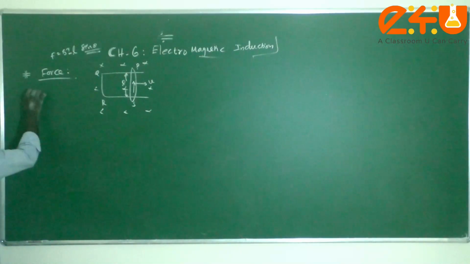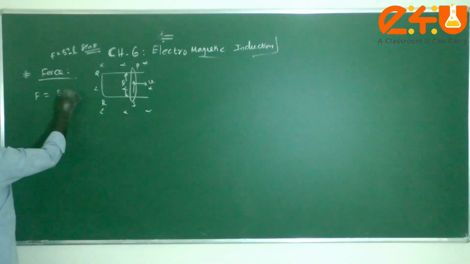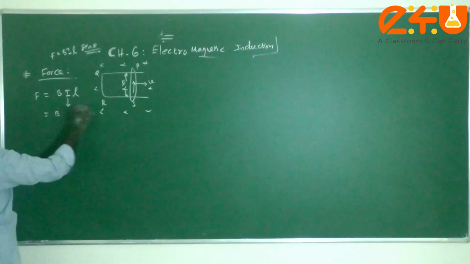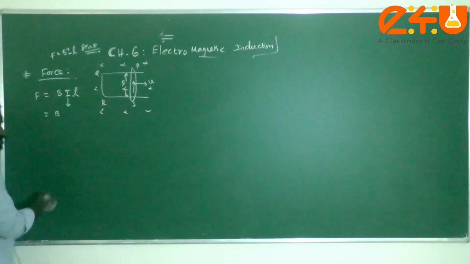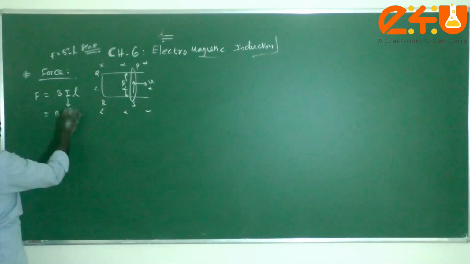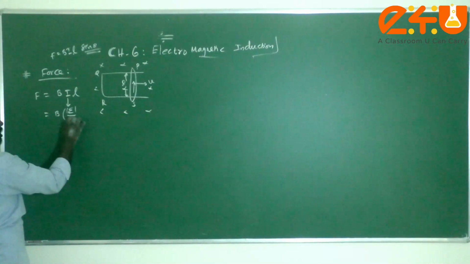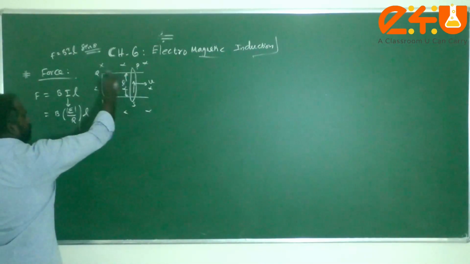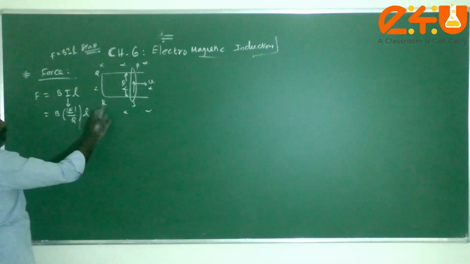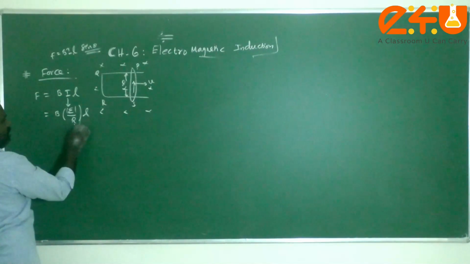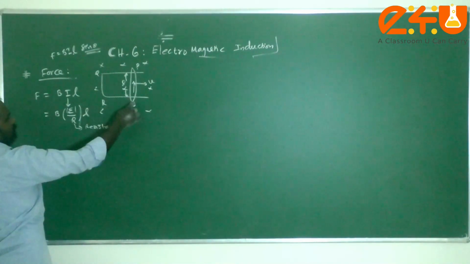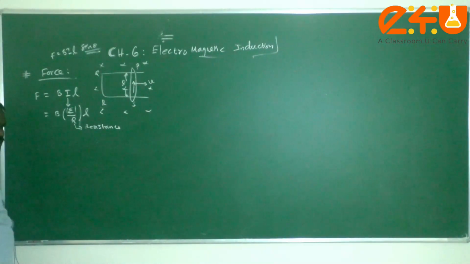Therefore, I can say that in this case, F is equal to BIL, where I is nothing but the induced current in the system. So the induced current expression is EMF by resistance. This may have some resistance. Don't confuse this R representation: this R represents resistance, and don't confuse this indication with the physical quantity.